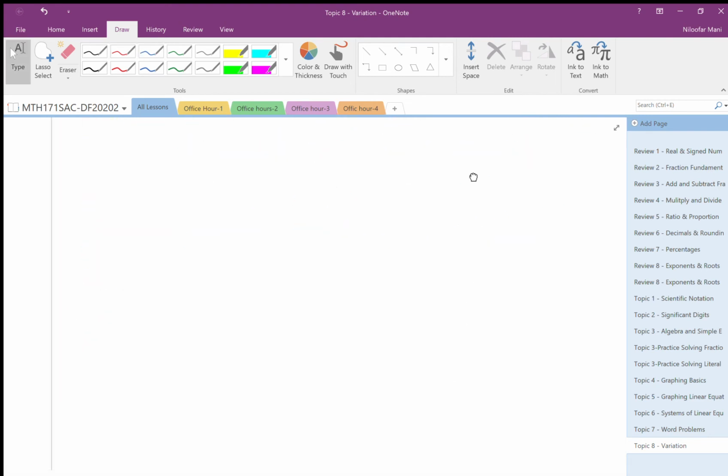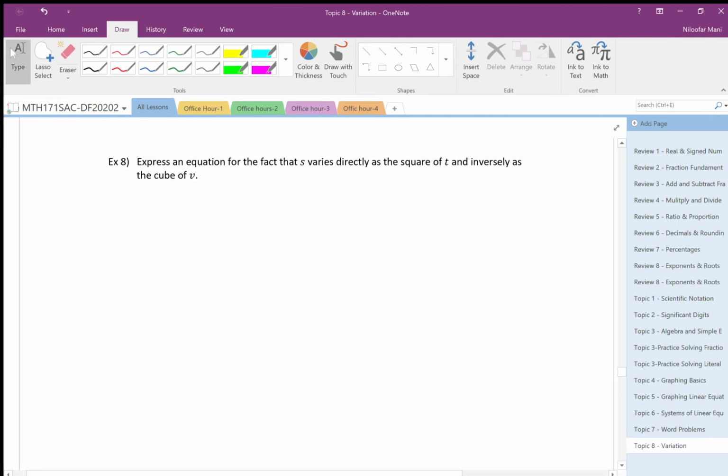Okay? So here, express an equation for the fact that S varies directly as the square of t, inversely as the cube of v. Okay, S varies directly as the square of t.